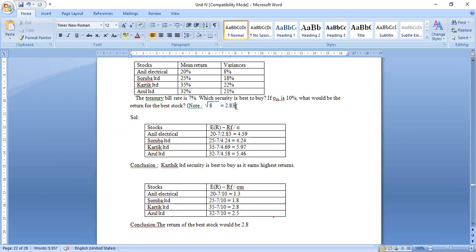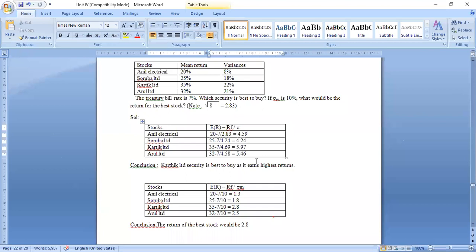As I've already told, you can show the standard deviation of each of these variances in the form of working notes. So root of 8 is 2.83. So 20 minus 7 divided by 2.83 will give us 4.59.